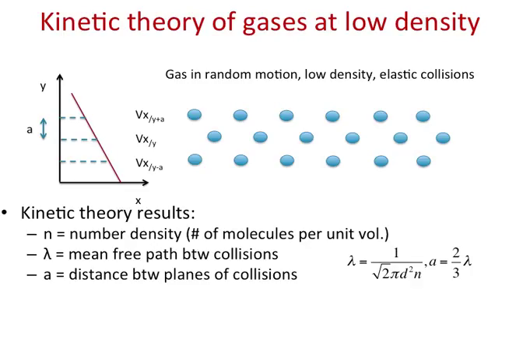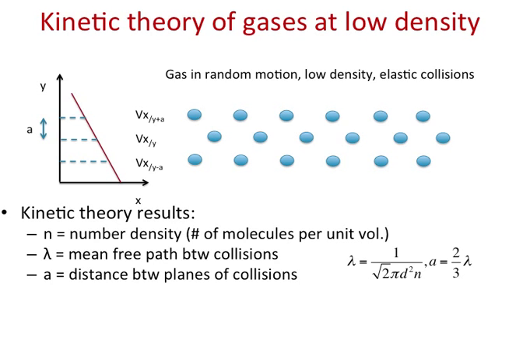Theory actually computes this. These days, with a molecular simulator, I could throw 100,000 molecules in a box and see whether I get lambda and a to be precisely this. That'd be a nice test for your molecular dynamics simulator.